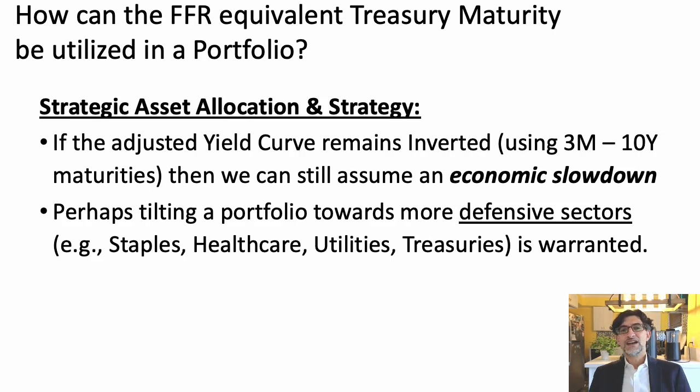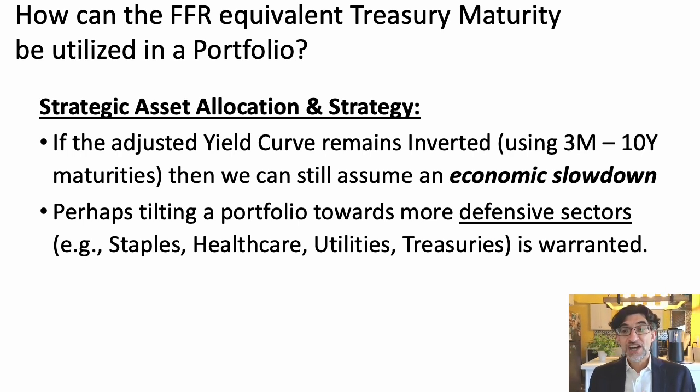So how can the federal funds rate equivalent Treasury maturity, meaning the shorter term proxies I just told you about, like 3 months, 6 months, be utilized to help you with your strategic portfolio allocation? Well, if the adjusted yield curve, for example 3 months, 10 years, remains negative, we can still assume that there's an economic slowdown or recession coming.